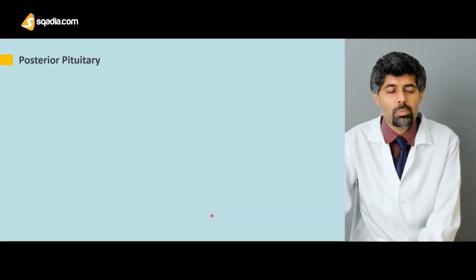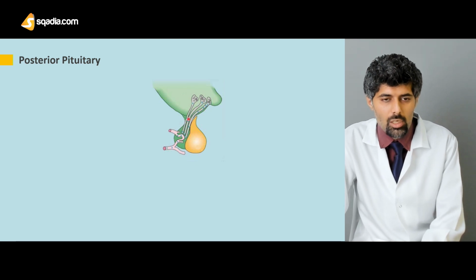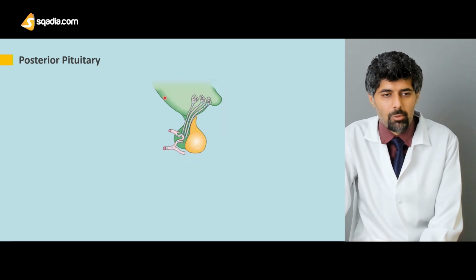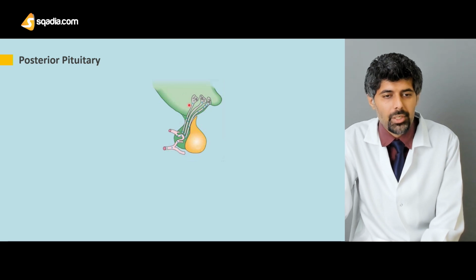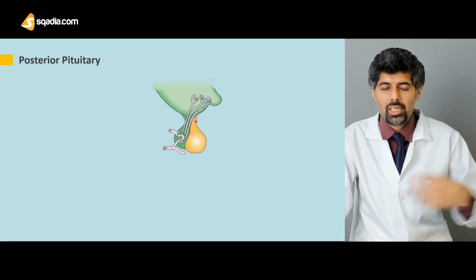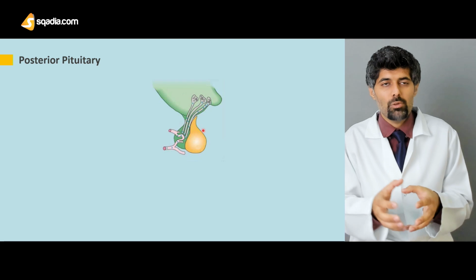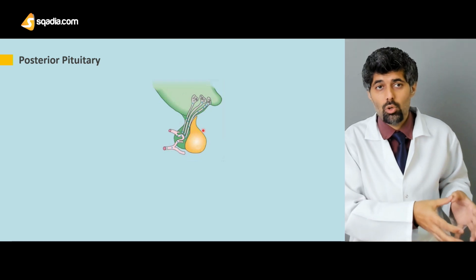Now, this is a pituitary lobe which you can easily identify because it contains neuronal tissue. Like I said before, the anterior pituitary contains tissue which is of epithelial origin.